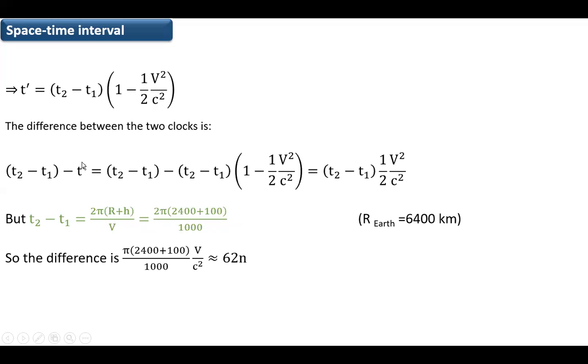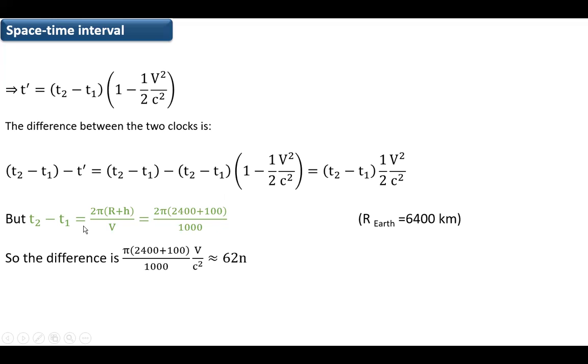So the difference between the two clocks is t2 minus t1 minus t prime. We replace t prime by this equation: t2 minus t1 times 1 minus half v squared over c squared. You will get a common factor that is t2 minus t1, and the rest would be half v squared over c squared.